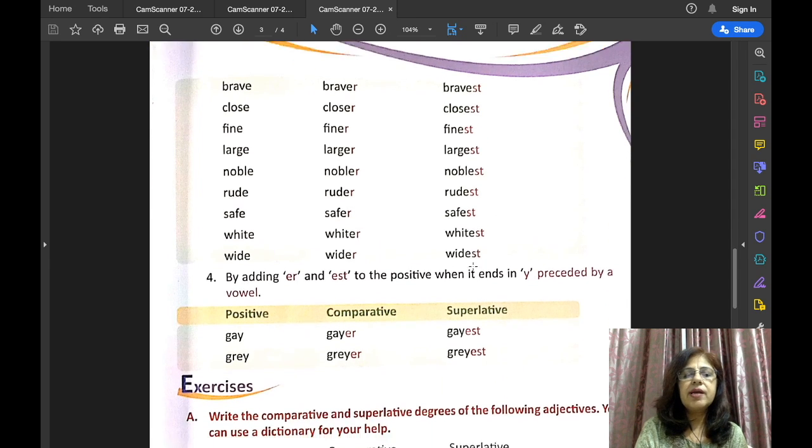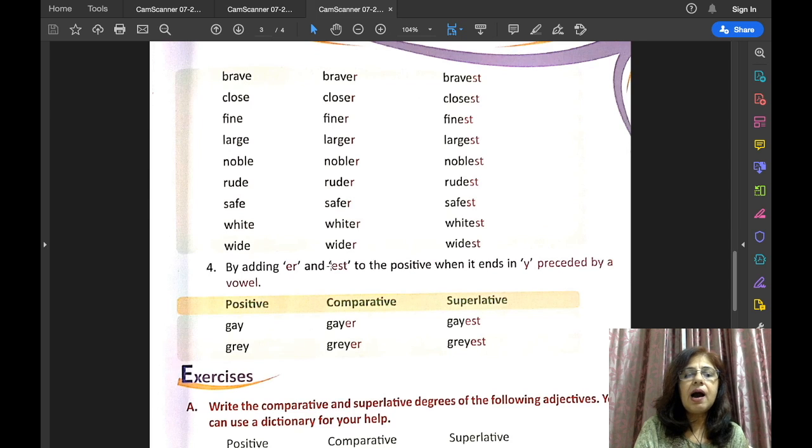The next one is by adding ER and EST to the positive when it ends in Y preceded by a vowel. So, look at the positive degree. Y is preceded by A, E, these are vowels.